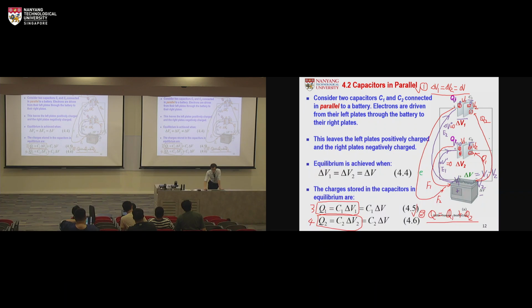For the negative side, it's a charge moving from the battery to the capacitor. So effectively, on one plate you have positive charge, on another plate you have negative charge. Yes, so you can see it's still a loop.